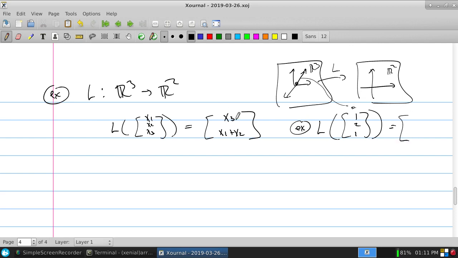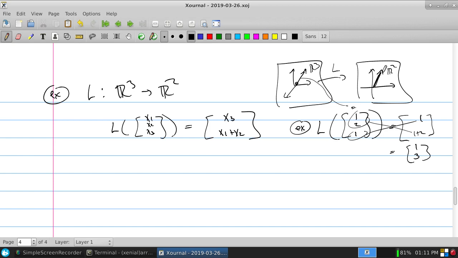What do I put in the top spot? 1. What do I put in the second spot? x1 plus x2, right? So what's happening? In the first spot, you put that one. In the bottom spot, you add those two and put that one. And so where's this going to get mapped to? 1, 3, which is this guy right there. So that three-dimensional vector gets mapped to that two-dimensional vector. Is everybody okay with that?